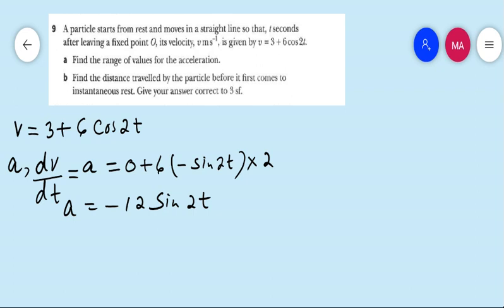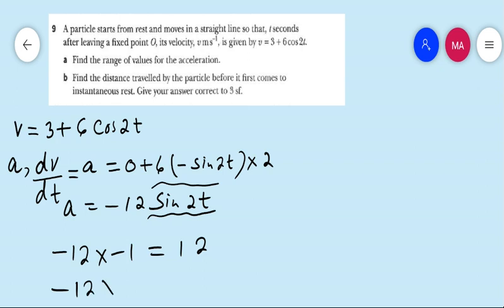The maximum value of sine is 1 and the minimum value of sine is minus 1. So in minus 12 into sin 2t, when sine is minus 1, the answer is minus minus, plus 12.